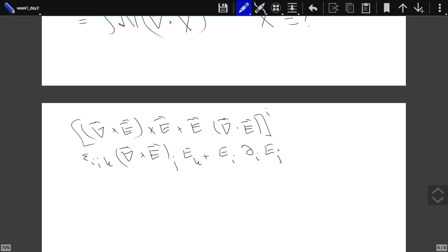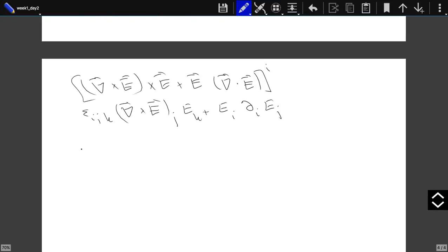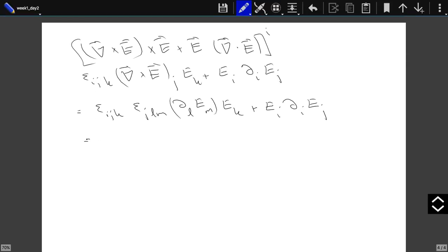Now let me also write this curl in terms of its components, epsilon I j k, epsilon j l m, del l E m, E k. So this part is the j component of the curl of E. Well, the other part, there is nothing to do. Now I have the product of two epsilon tensors.